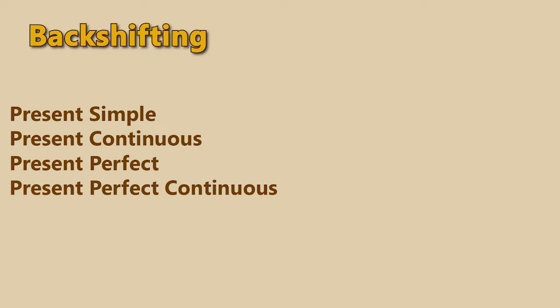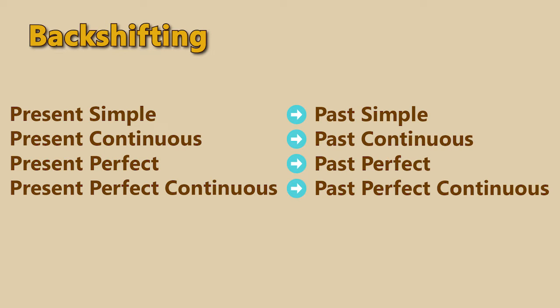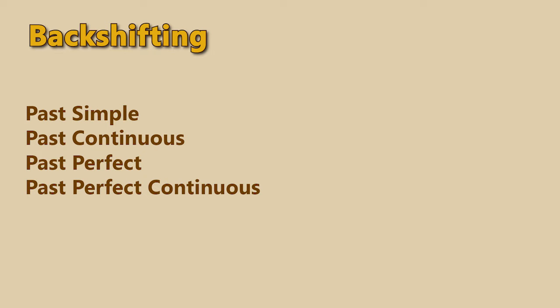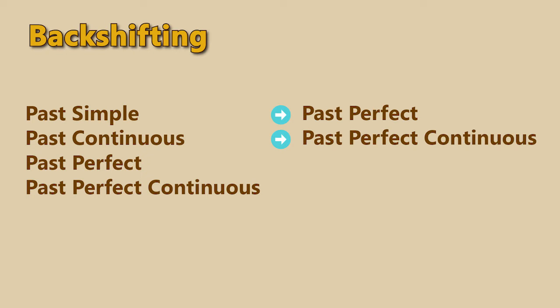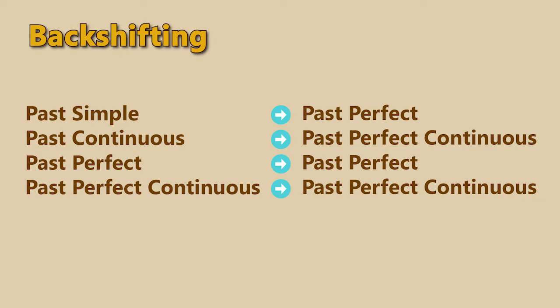It's easy to remember: present simple, past simple. With the past tenses you can see past simple becomes past perfect. Past continuous becomes past perfect continuous. Past perfect and past perfect continuous, we keep the same.